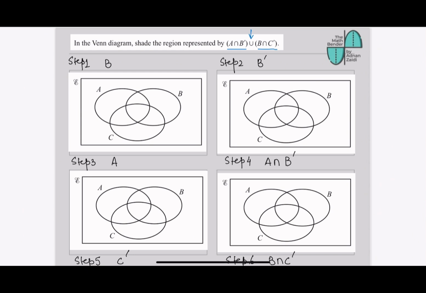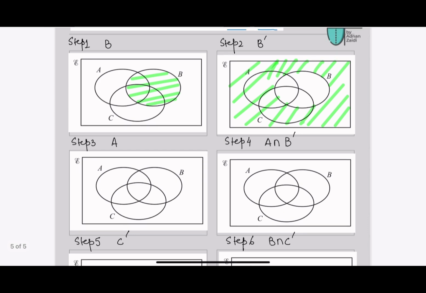So first thing, this whole thing is B. Then B complement, so except B, everything. So I'm shading everything except B. Now except B, everything is shaded. This is B complement, then A. So I'll shade A. This is A.